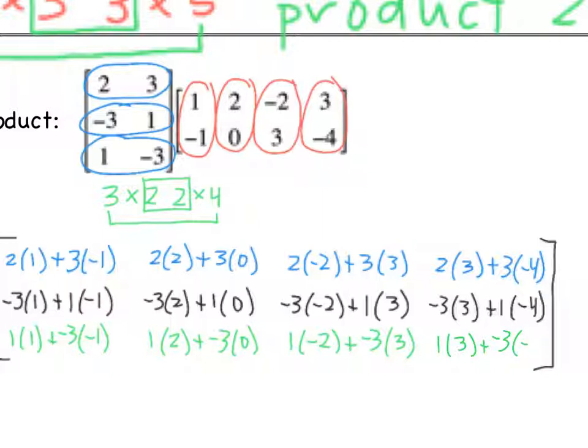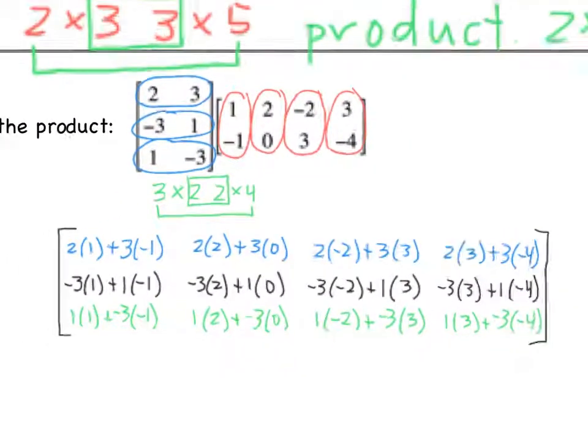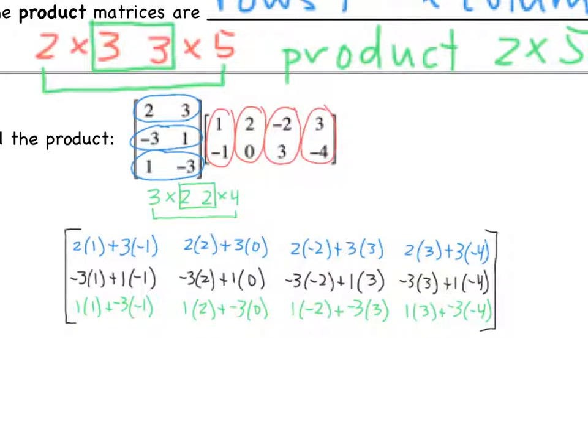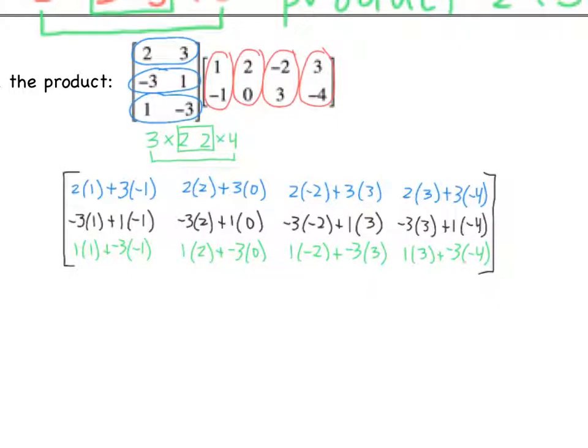And now we just need to clean up each element. What you should see is that we've got a 3 by 4 matrix, which is what we said our product was going to be. So when we clean up each element, we'll get our final answer. Row 1, column 1, 2 times 1 plus 3 times negative 1, that gives us negative 1.